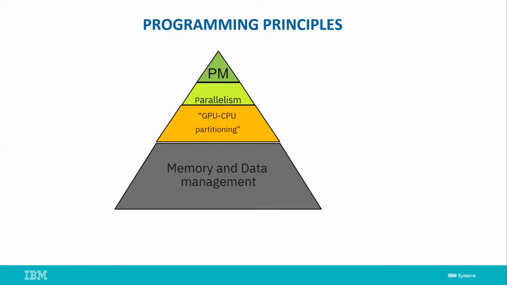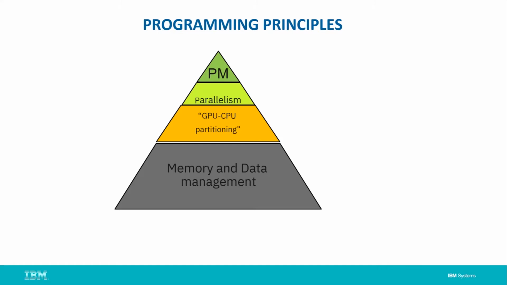And on the other hand, sometimes it's worth doing a small serial part on the GPU because the data is already located on the GPU. That's really important to keep in mind when optimizing an application.